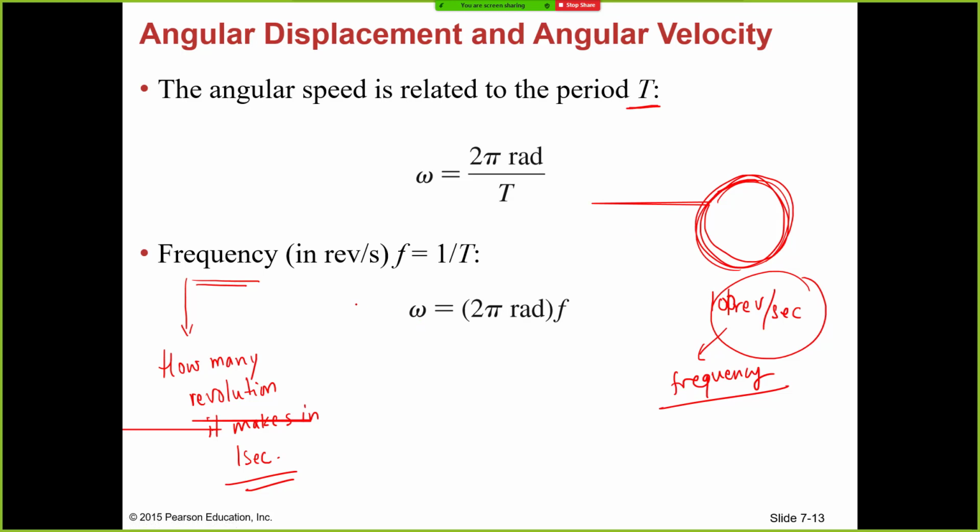And this frequency and angular velocity are related by this formula. So angular velocity is equal to 2 pi times frequency, whereas angular velocity in terms of period is 2 pi over time period.